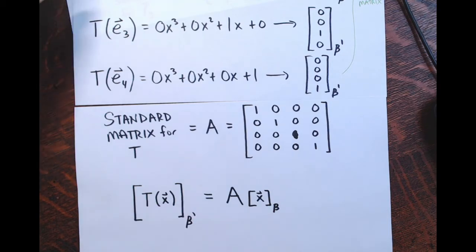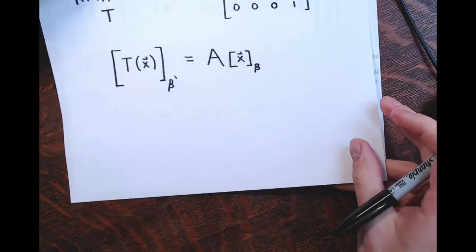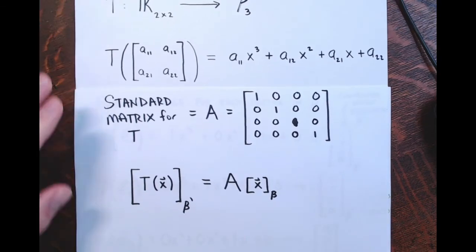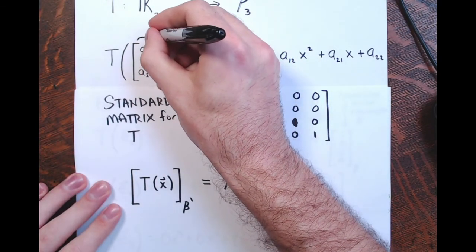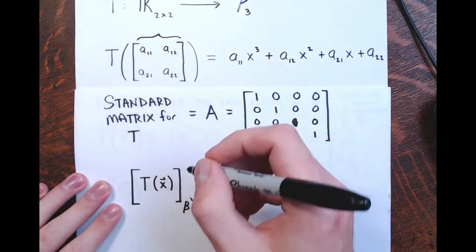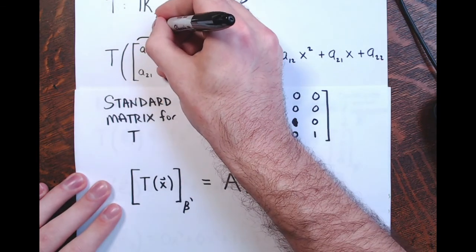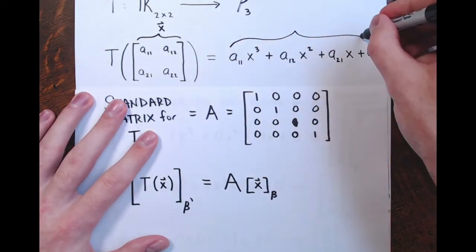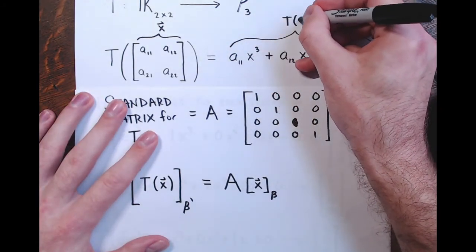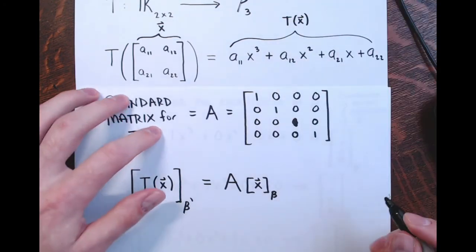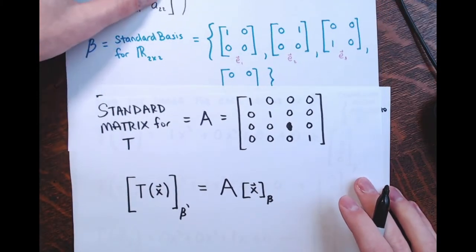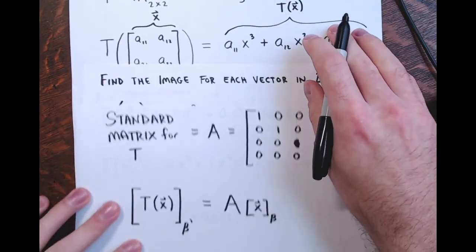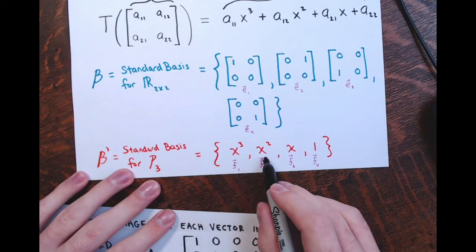So let's see how that would look. Basically what that's saying is this. If I take this general matrix here, back in the original rule, call that vector x. Then this polynomial over here would be T of x. And if I write the coordinates of this relative to B prime, now remember B prime was this set here with x cubed, x squared, x, and 1.